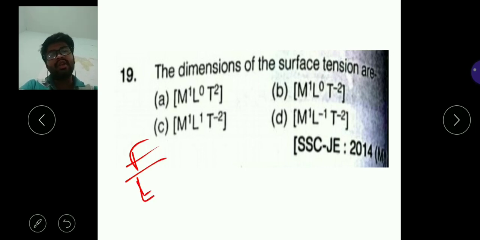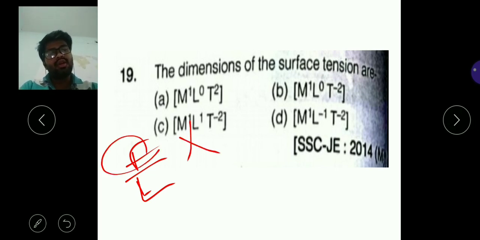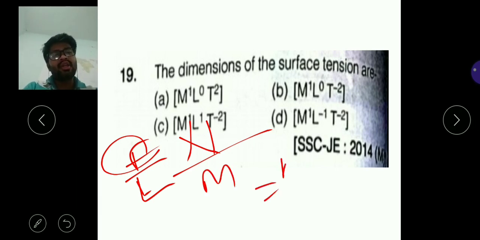Then moving next, dimension of surface tension is what? Okay, so we know the surface tension equals force per unit length. Force unit is in Newton and length unit is meter. So Newton can be written as kg meter per second square.